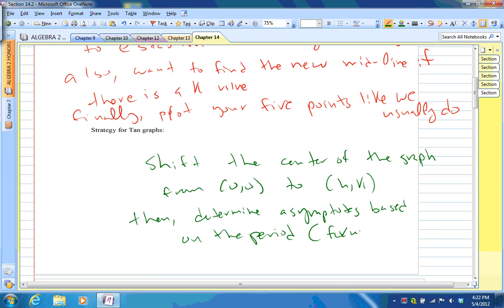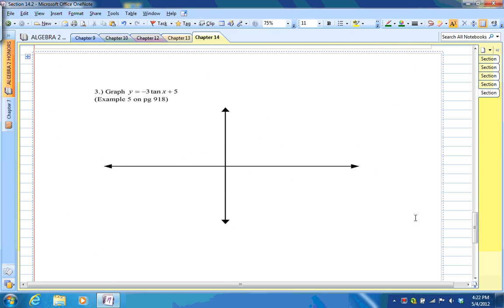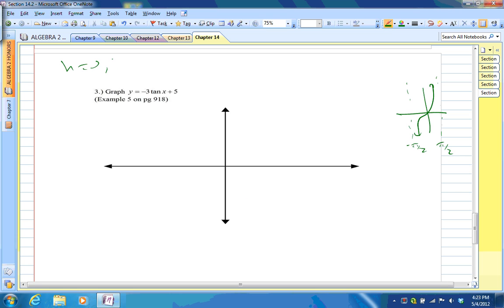So in this case, we'll focus on the b value. If we look over here, negative 3 tan x plus 5, this is the general curve for a tangent, in case you're curious, if you forgot. So in this case, h is 0 and k is 5.